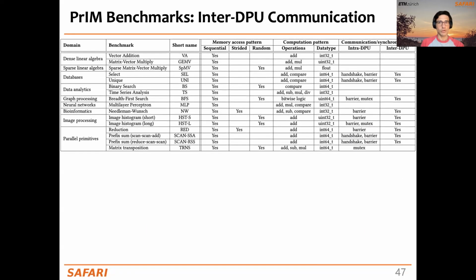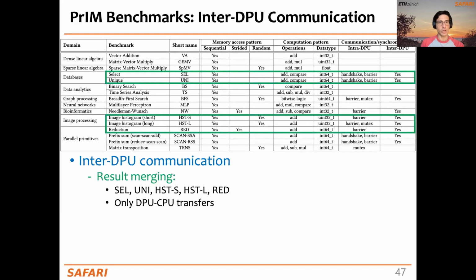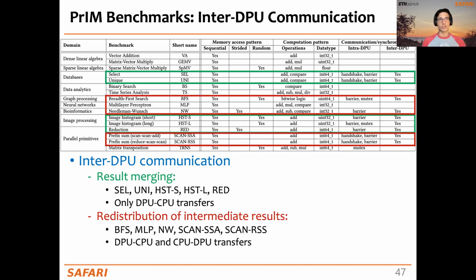In particular, if we talk about inter-DPU communication, we find some workloads that simply do the result merging that I mentioned before, like select, unique, histogram, and reduction, which only need DPU-CPU transfers to merge the final results.